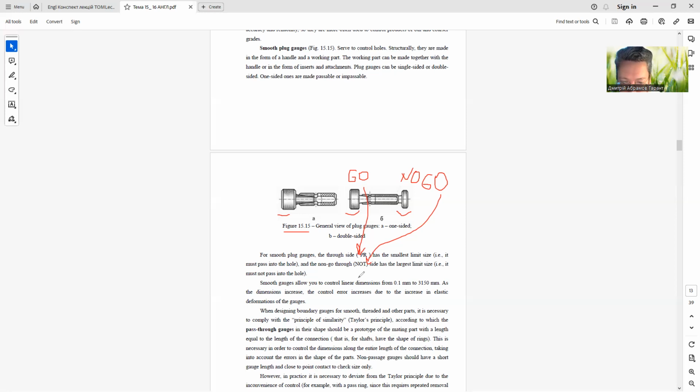That is, for shafts they have the shape of rings. This is necessary in order to control the dimensions along the entire length of the connection, taking into account errors in the shape of the parts. No-go gauges should have a short gauge length and be close to point contact to check size only.